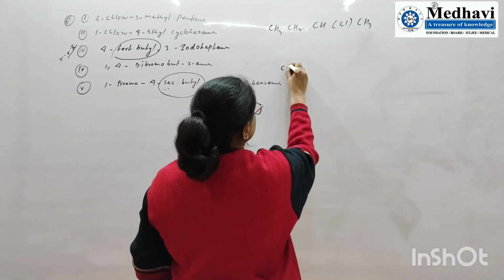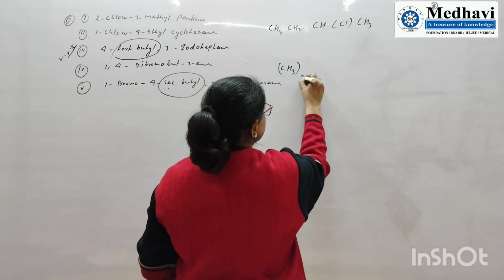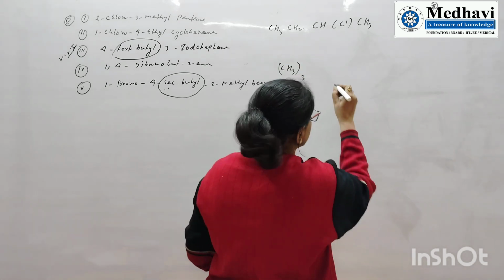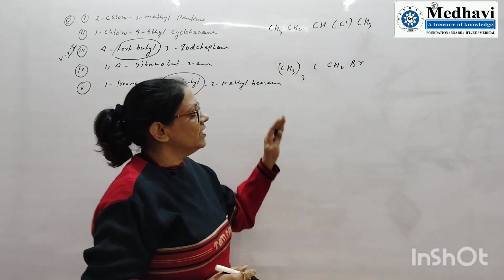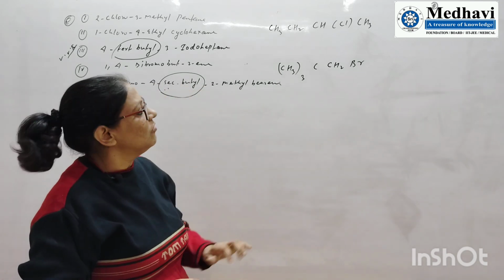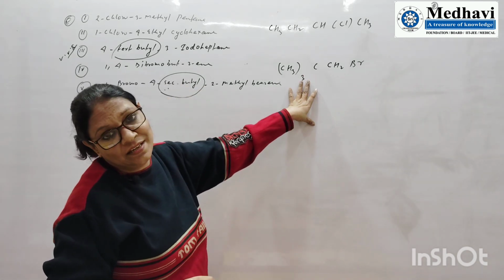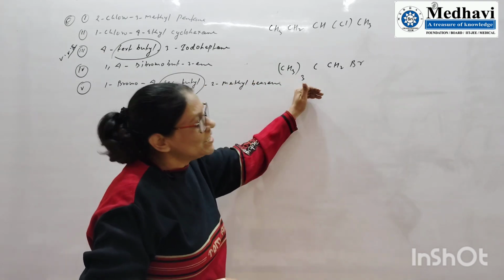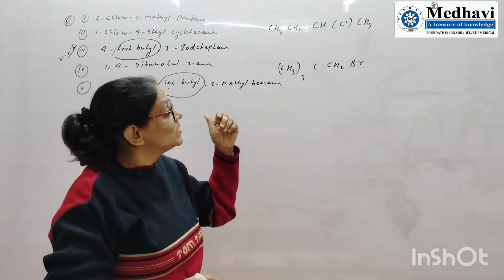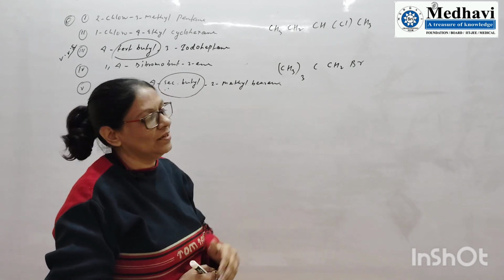Suppose this is CH3 whole 3 C CH2Br. Very confusing. How will we give the IUPAC name? Although it is very easy. It is a very easy question, but its presentation is important. How to present it, how to make the bonds.